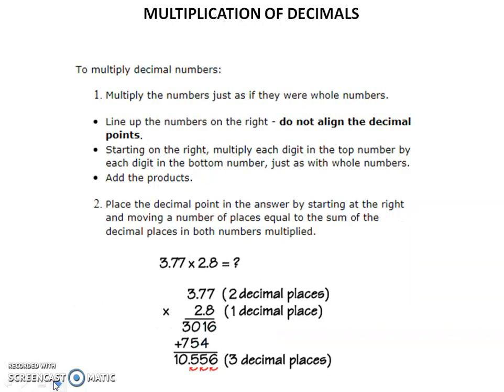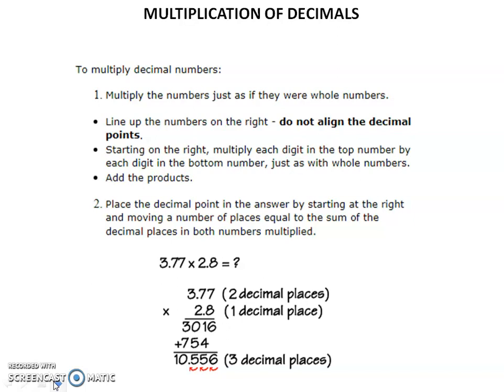Next one, multiplication of decimals. Here multiplication of decimals by 10, 100, 1000, etc. we learned. Multiplication of decimal by whole numbers we learned. And this is an example of multiplication of decimals by another decimal number. Now here the example is 3.77 into 2.8.